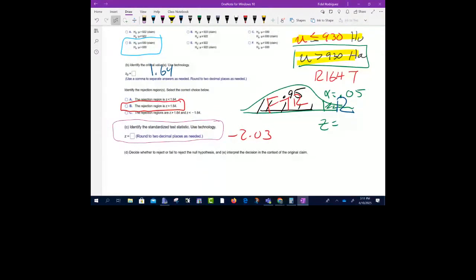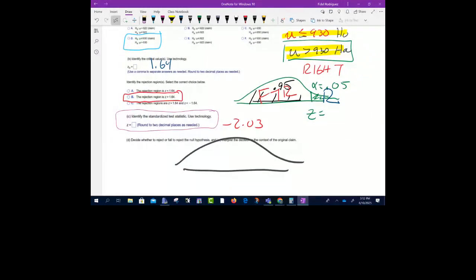Now, I'm going to draw my picture one more time, because it was a little messy. That is reject. This is fail to reject. Look where that number would be.